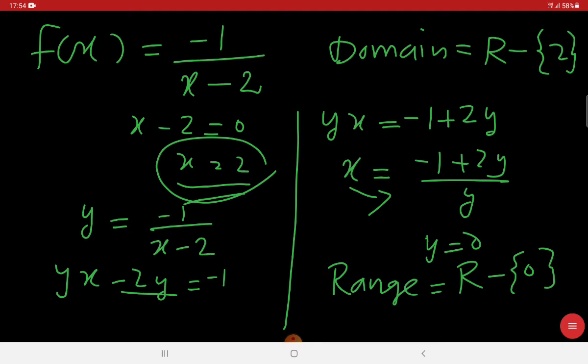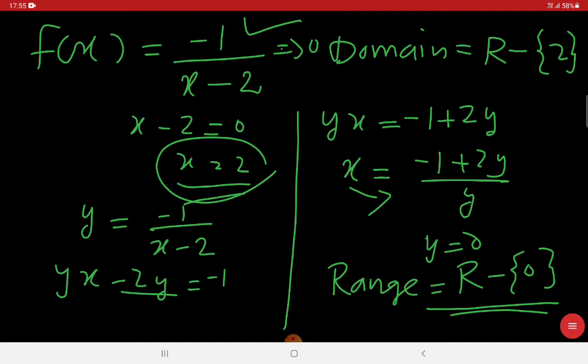Okay. See, in a rational function, if the numerator is a constant, then automatically the range will be R minus {0}. Because a fraction becomes 0 only when the numerator is 0.